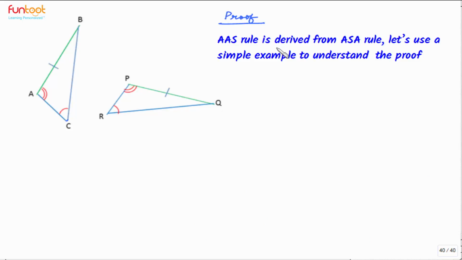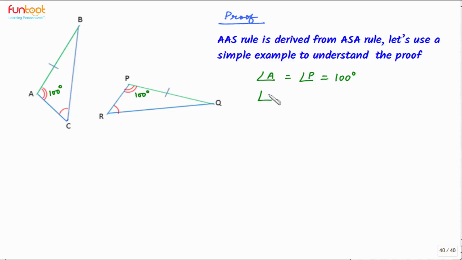Let's see the proof. AAS rule is derived from ASA rule. Let's use a simple example to understand the proof. Let angle A be equal to angle P, each equal to 100 degrees. So this angle is 100 degrees and this angle is also 100 degrees.